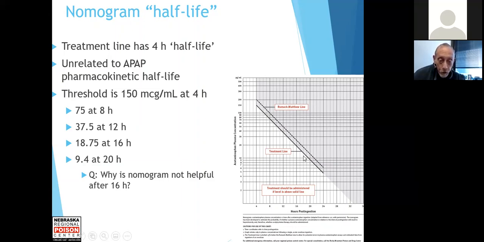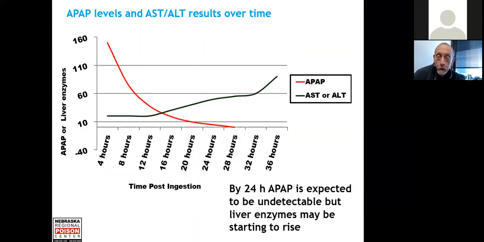When you get out to 20 hours, the threshold is 9.4. And that would actually be below the limit of detection at a lot of labs, including the one at our parent institution, where the limit of detection is 10. So it's not that useful when you get out to 20 hours.